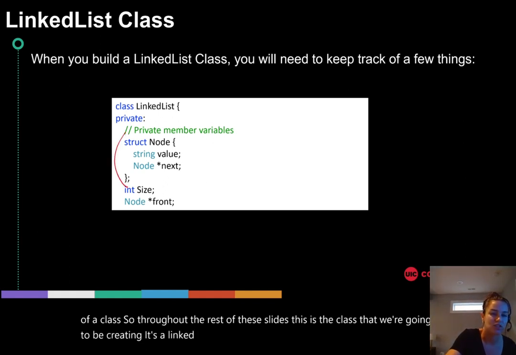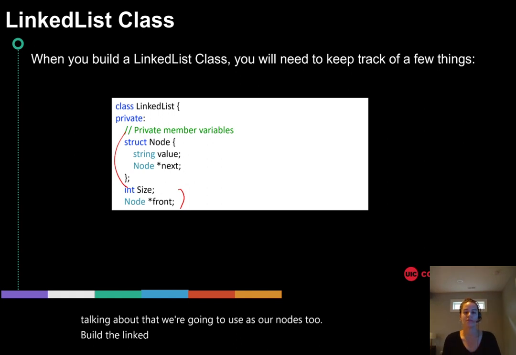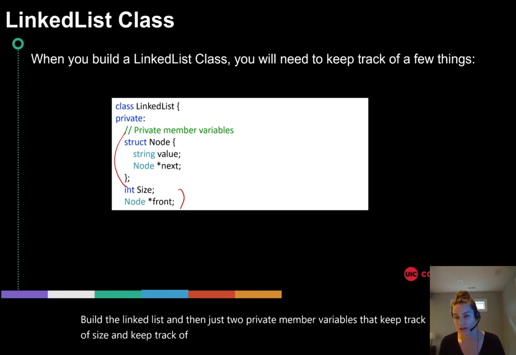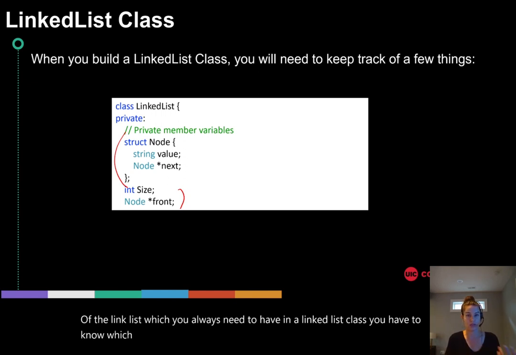It has this private struct that we've been talking about that we're going to use as our nodes to build the linked list, and then just 2 private member variables that keep track of size and keep track of the front of the linked list, which you always need to have in a linked list class. You have to know which one is the beginning, right? Because you're not passing those around. Those are something that just needs to be saved.